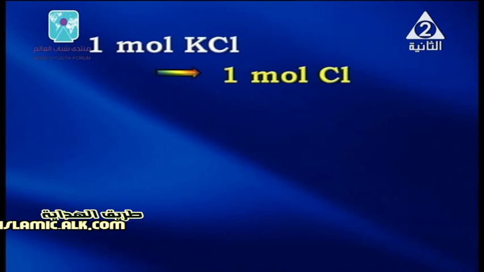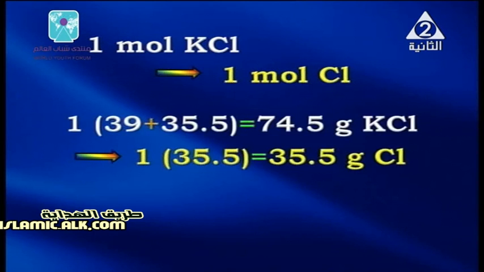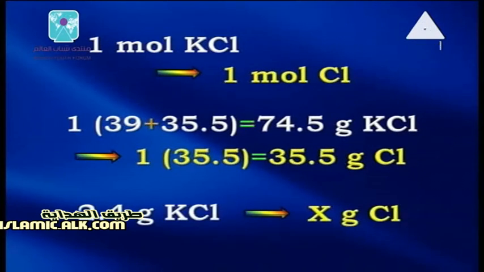As we know that 1 mole potassium chloride contains 1 mole chlorine. So 1 times 39 plus 35.5 equals 74.5 gram potassium chloride contains 1 times 35.5 gram chlorine. So 2.4 gram potassium chloride gives x gram chlorine.